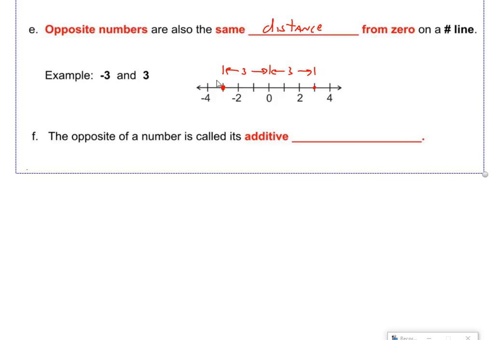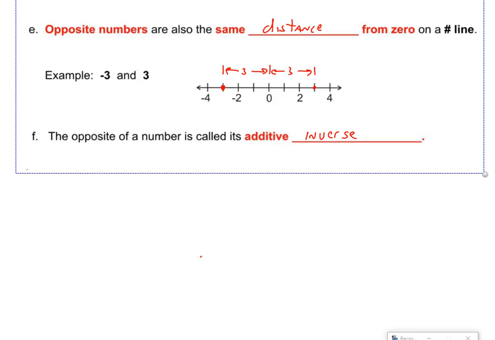Now, when you learn math, it's also important that you learn the language of math. And so, just one thing of language. The opposite of a number is called its additive inverse. And I think you guys have an example below this, right?